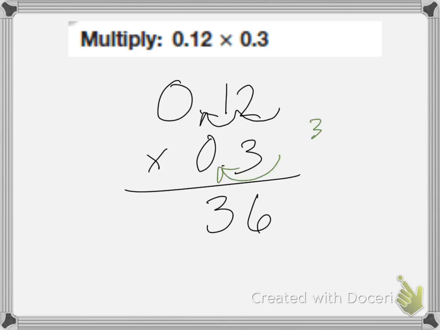So I have a total of 3 digits. Starting from the right, I'm going to go over 1, 2, 3 places. Well, I don't have anything here, so I need to put in a 0 as a placeholder, because my answer is 36 thousandths, not 36 hundredths.